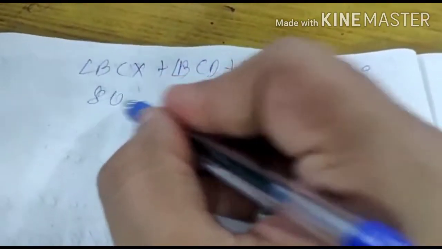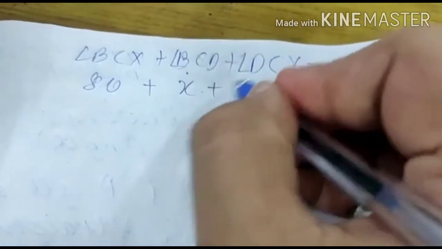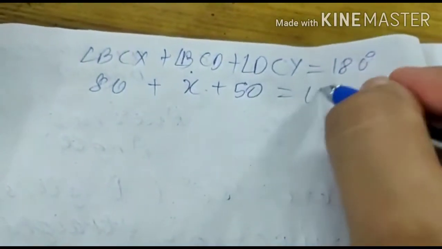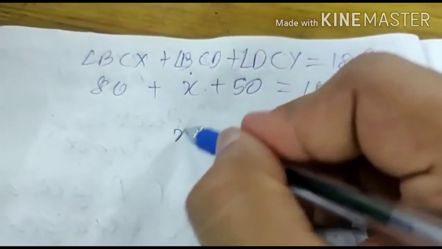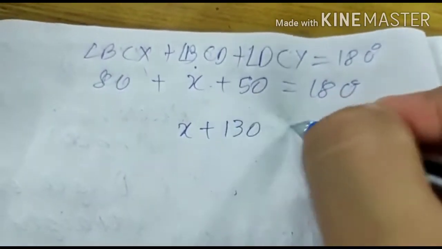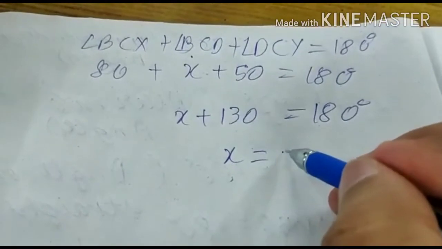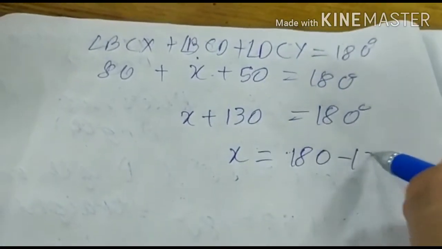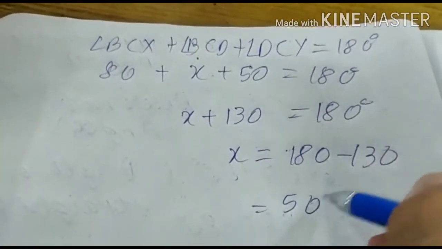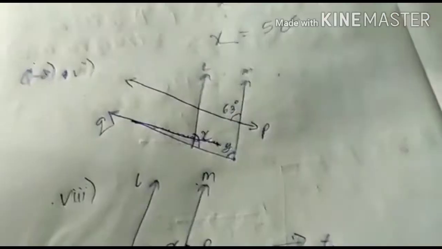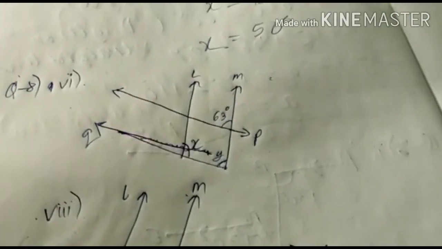This is 80 degrees, this is x, this is 50 degrees, equals 180 degrees. So x plus 130 degrees equals 180 degrees. So x equals 180 minus 130, that is 50 degrees.